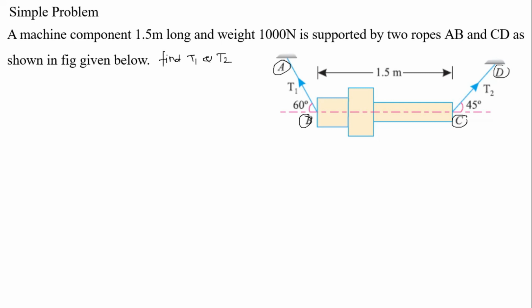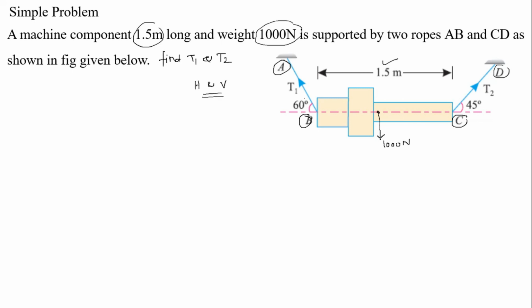Now we know the weight of the given component of 1.5 meter length is 1000 Newton. Normally the weight acts downward from the CG. Whenever a force is acting with some inclination, we have to resolve the force into two components, one horizontal and another vertical.